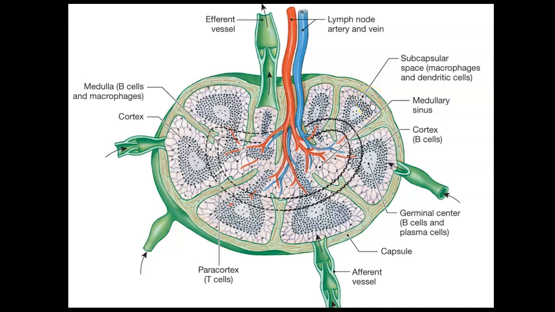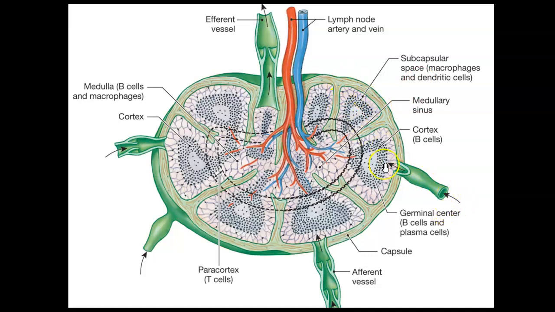We will learn about this, but they're going to be able to take the antigen, engulf it, and present it on their surface, and so they can become antigen-presenting cells, or APCs. So when we talk about antigen-presenting cells, these are macrophages and dendritic cells, and they are found within the subcapsular space.